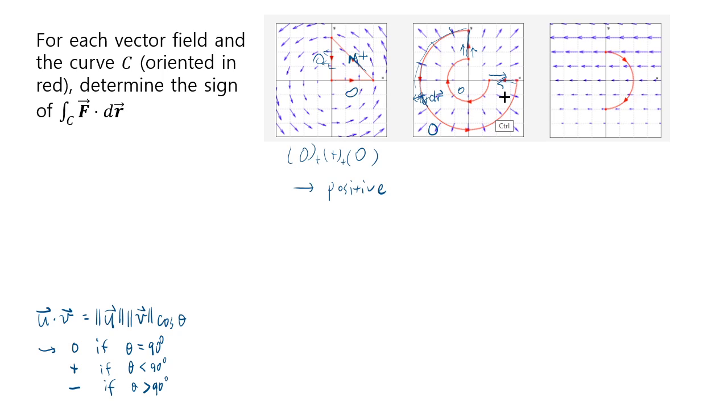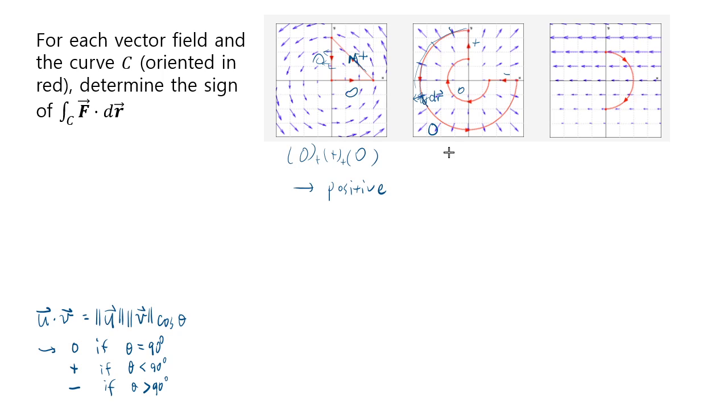Furthermore, if you look at the vector field carefully, maybe it might be hard to see here, but these vectors are in some ways symmetric. There's a symmetry. The vectors going this way and that way are exactly the same. So although this is positive and this negative, these two will cancel each other because they have the same amount.